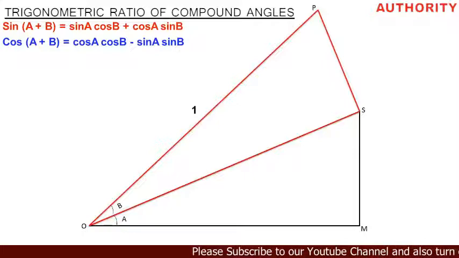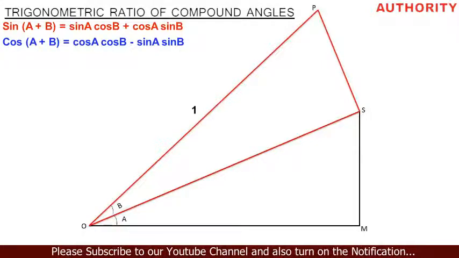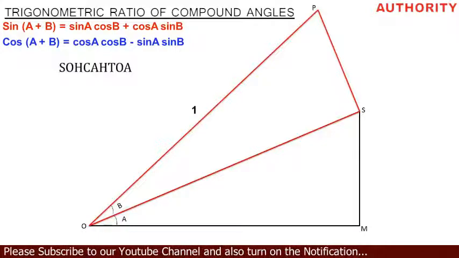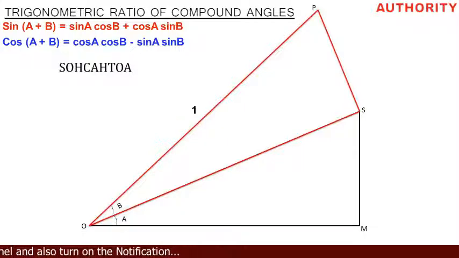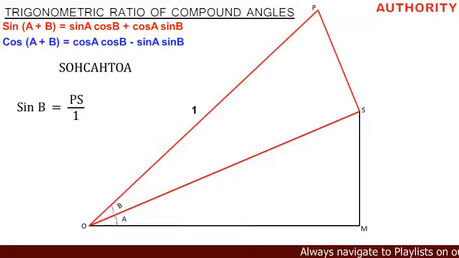Now let's go. We want to find side PS. Sine is going to give us opposite over hypotenuse. Now let's say sin B. We are looking at triangle OPS, which has the angle B. So sin B is going to give us opposite over hypotenuse.